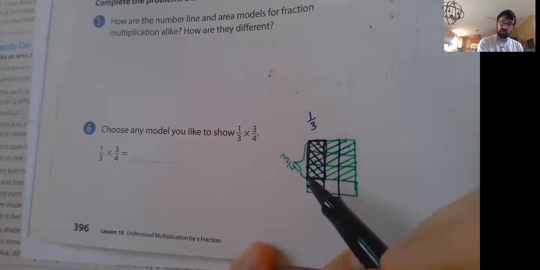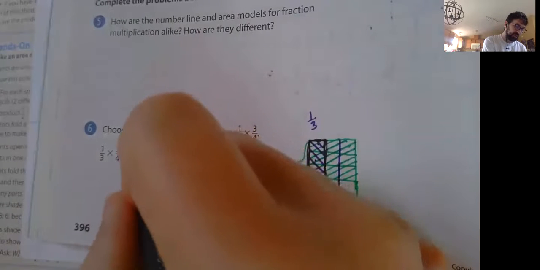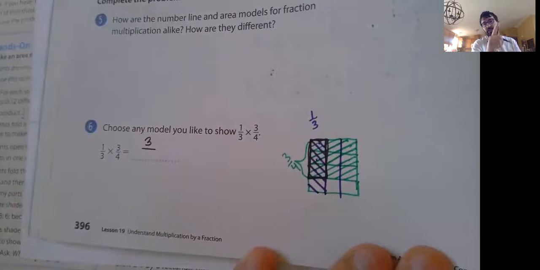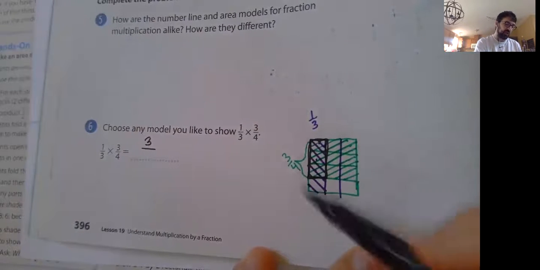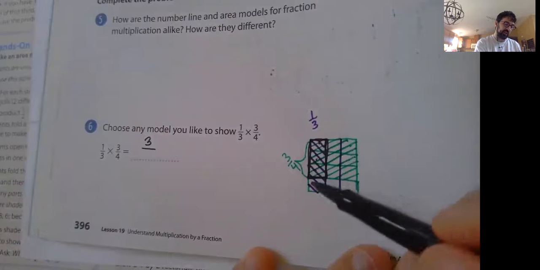This is just 1/3 of 3/4. So I have 1, 2, 3 parts, don't I? So there are 3 parts. But what is the value of each part? Remember, it's got to be in relationship to a whole. So as a whole, what do I have? I have 1, 2, 3, 4, 5, 6, 7, 8, 9, 10, 11, 12, or it's 3 by 4, which makes 12.